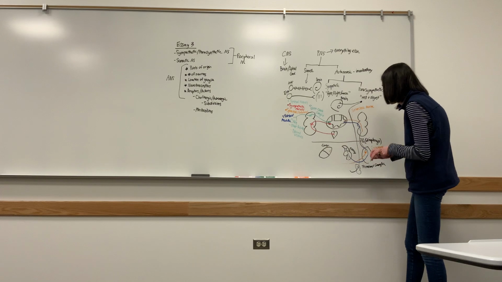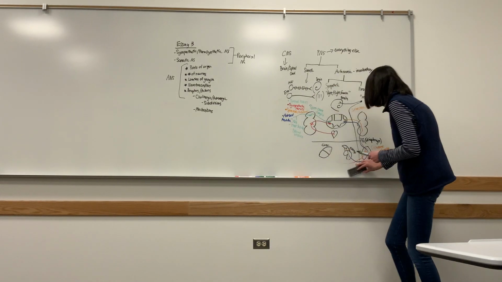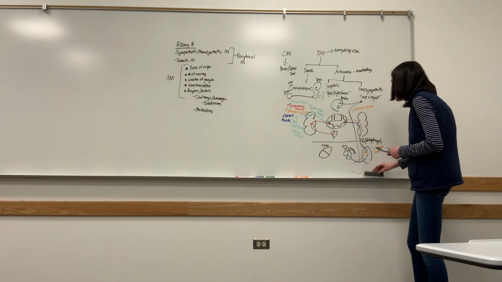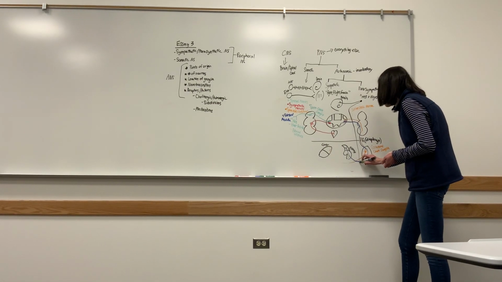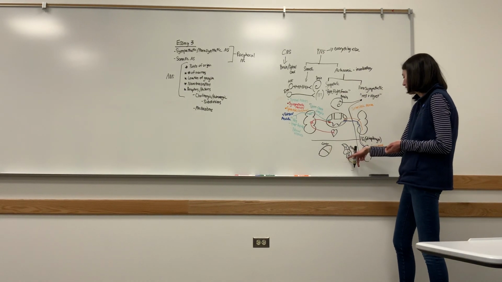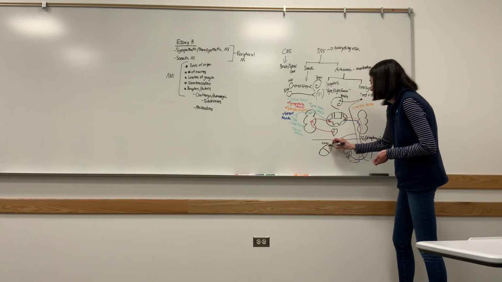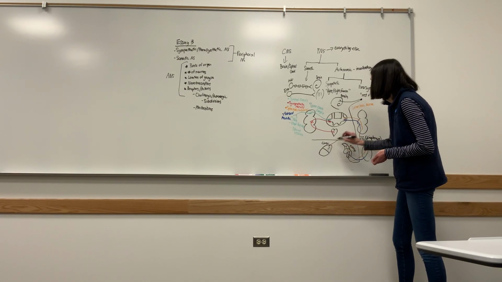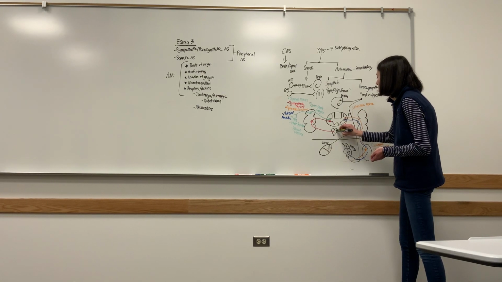Actually, let me redraw that. But it's going to synapse into the terminal ganglia, which is located in pretty much all the organs in our body. So, for example, it's going to look like that. So our terminal ganglia is going to be located in the kidney. It can also be located in the liver, and it can also be located in the heart.